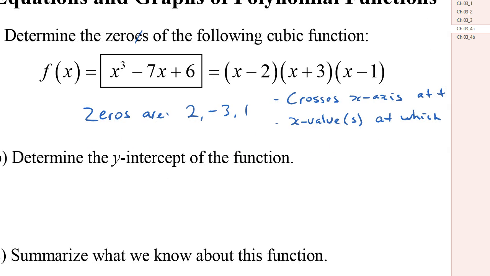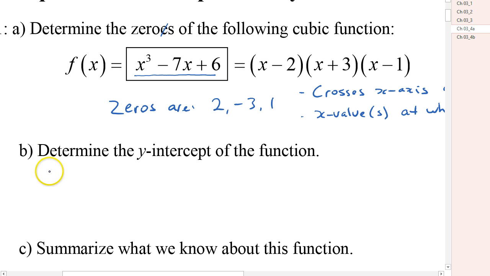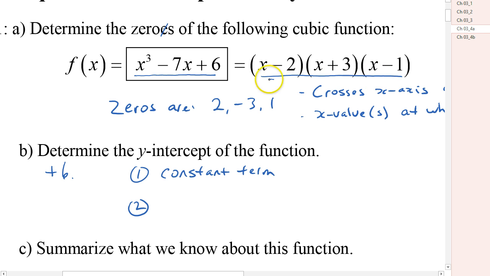The second part says determine the y-intercept of the function. Well, if we were just given this definition of f of x, we would say use the constant. So it is +6. And so the two ways you can look at it is the constant term, or if it's given to you in factored form, like in this form here, what you can do is plug a 0 in for x.